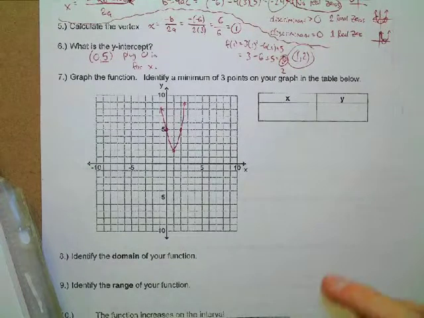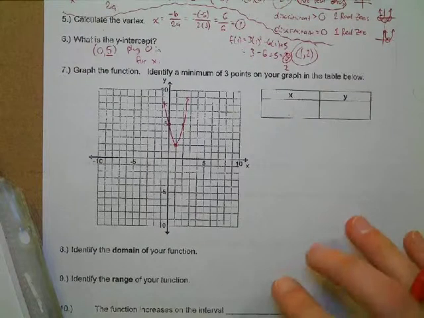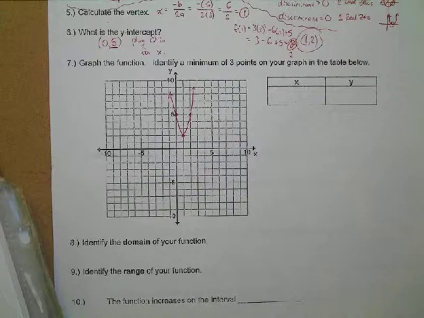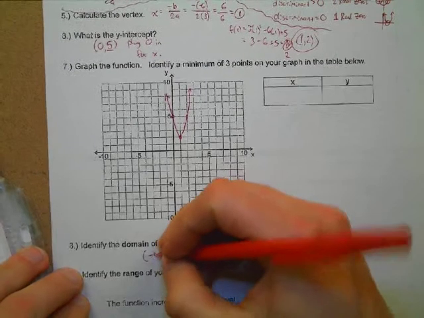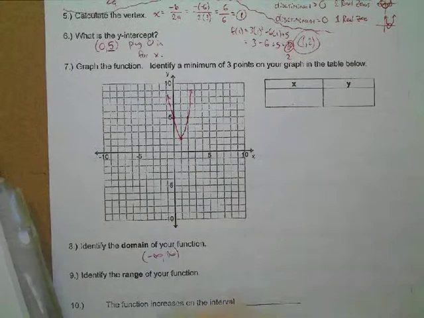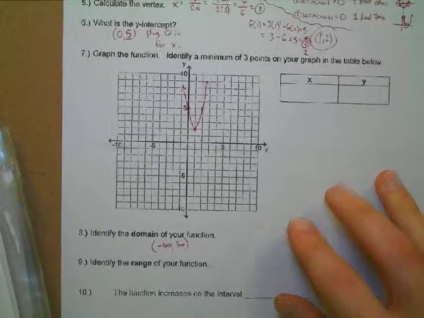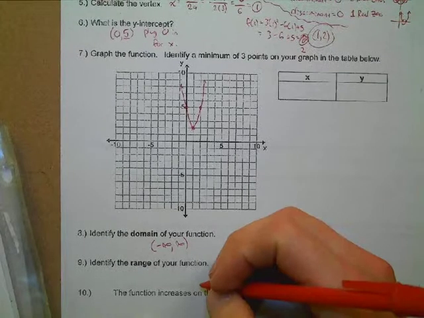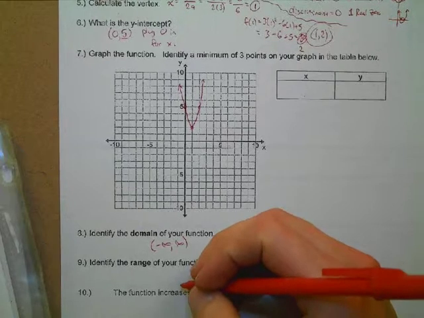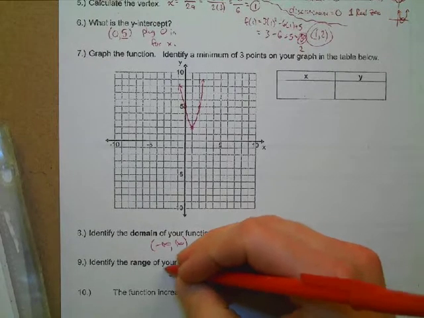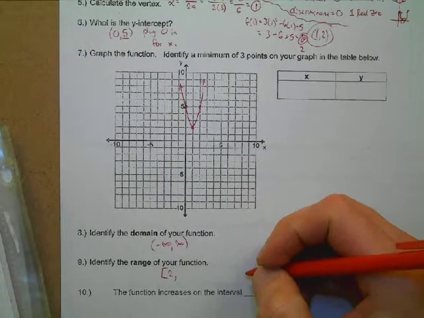Okay? What is the domain of this quadratic function going to be? Negative infinity to infinity. What's the range of this function going to be? What's the lowest y value? 2. And we do get there. And then up to, what's the highest y value going to be?